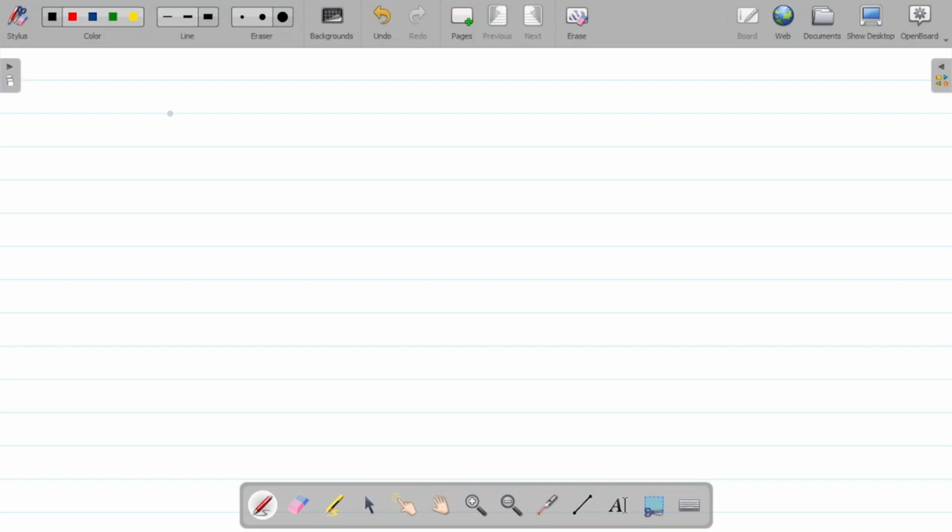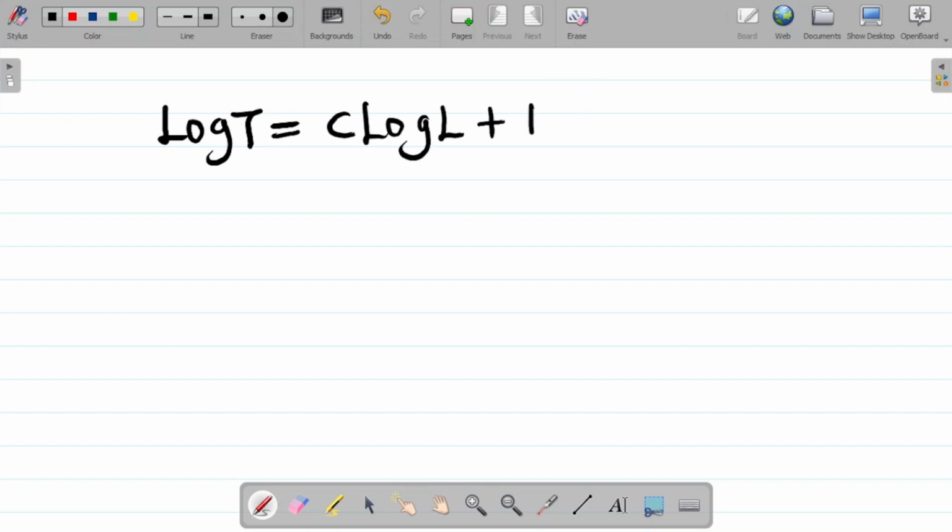We have to calculate the value of the constants C and A.